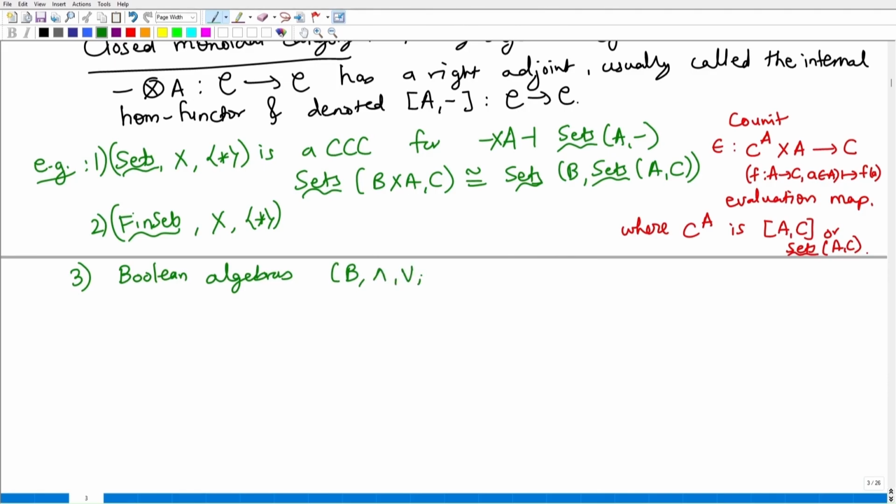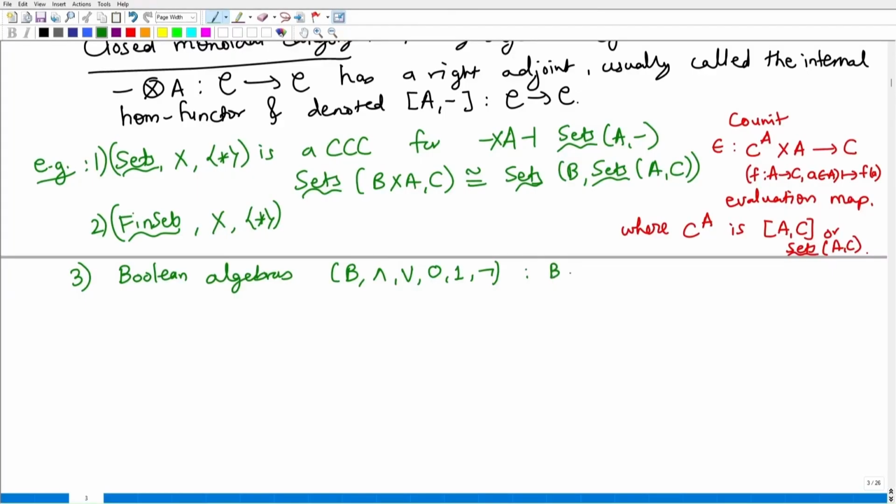It's a lattice, basically. It's a bounded lattice such that every element has a negation, and it's a bounded distributive complemented lattice. Bounded distributive, meaning meet distributes over joins, join distributes over meet, both ways.